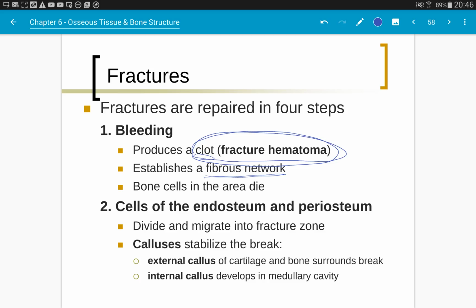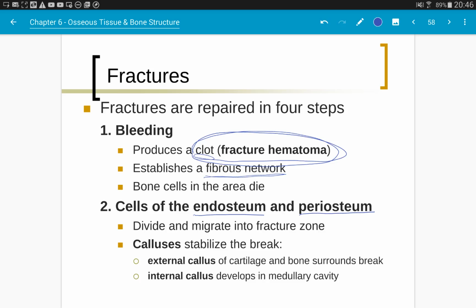Okay, then number 2, second step, cells in the endosteum and periosteum are going to have an effect in helping to heal a fracture. So in both of these areas, endosteum and periosteum, we have osteoprogenitor cells, osteoclasts, and osteoblasts.